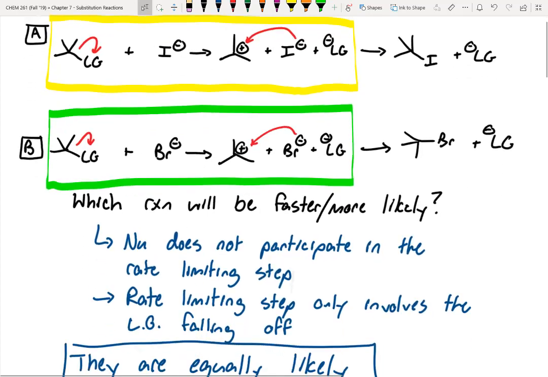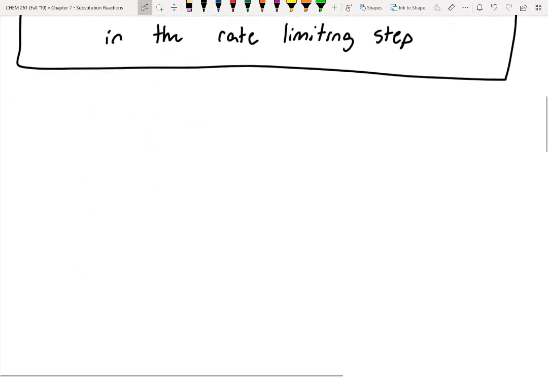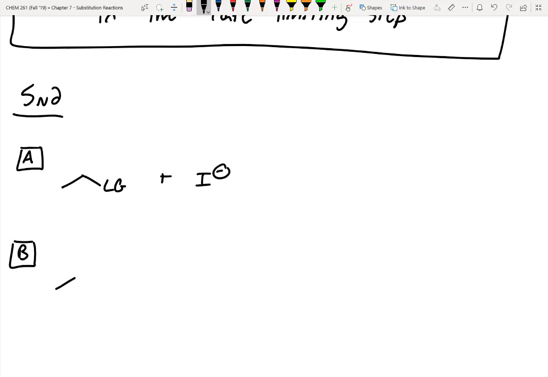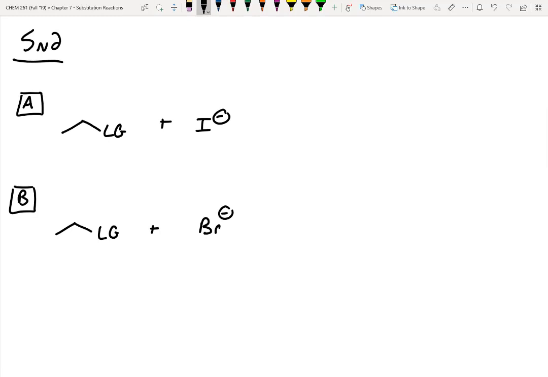All right. So let's go to an SN2 reaction, and that will actually get back to your point. So SN2, we have reaction A. And again, I'm going to keep the electrophiles the same. Then I'll do reaction B down here. Same electrophiles, but in this case, I'm going to change my nucleophile.